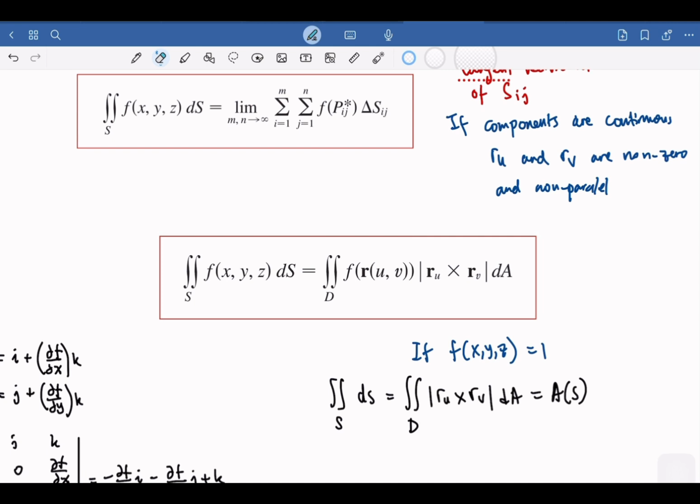So we can compute the surface integral by converting it into a double integral over the parameter domain D.